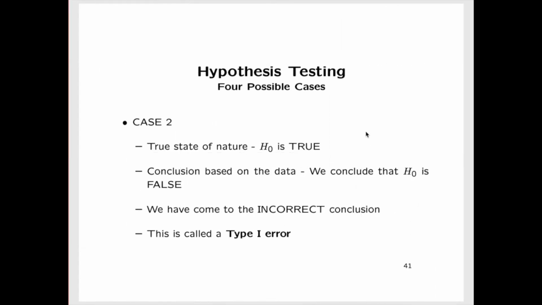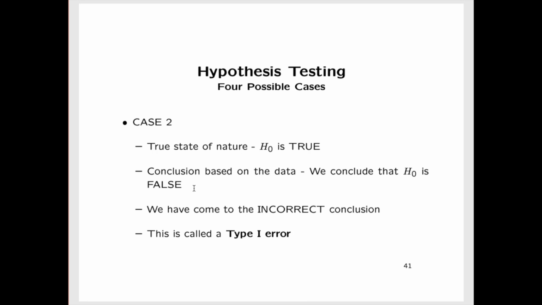Now, the second scenario is that the null hypothesis is true. However, our conclusion based on the data is that the null hypothesis is false. If the null hypothesis is in reality true, but we conclude based on the data that it's false, then obviously we have come to the incorrect conclusion.